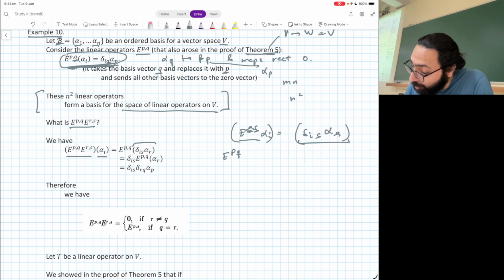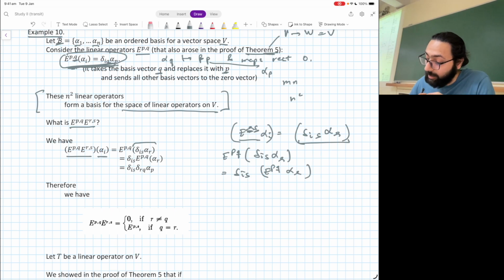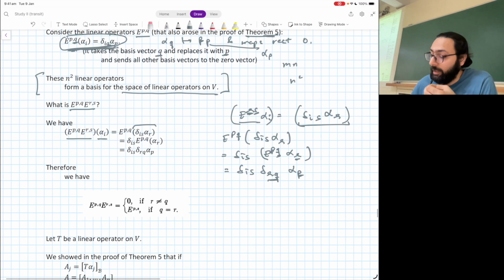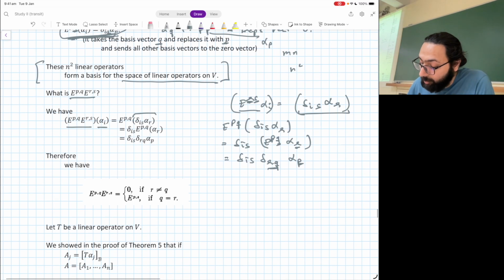We had EPQ acting on delta IS alpha R. Delta IS is a scalar, so I just move things around. Now we can apply the definition again, and I will get delta IS, delta RQ, alpha P. So it replaces it with the Pth value, and Q and R have to be the same, so that's appearing in the delta function. Now when you do this calculation, this is what you get.